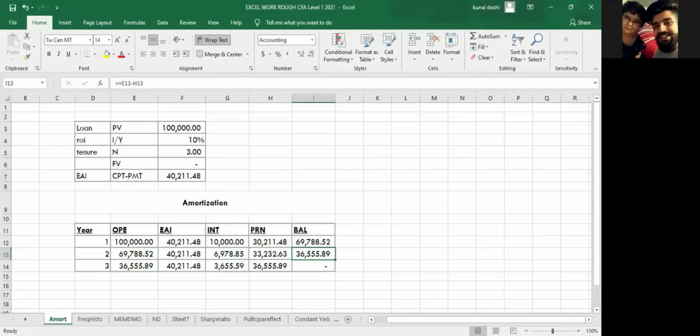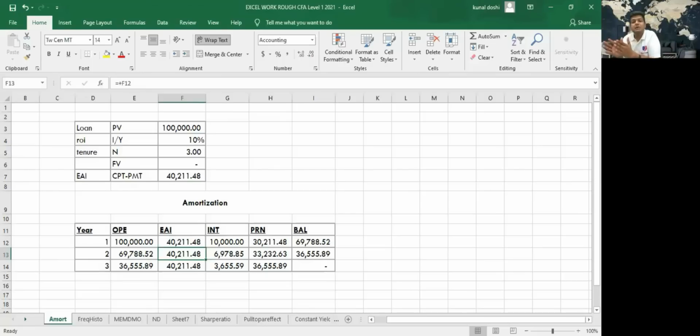That closing balance becomes my opening balance for the second year. On that, 10% interest is 6,978. My installment of 40,000 is fixed. From that, 6,978 is my interest, so the remaining portion becomes my principal repaid.